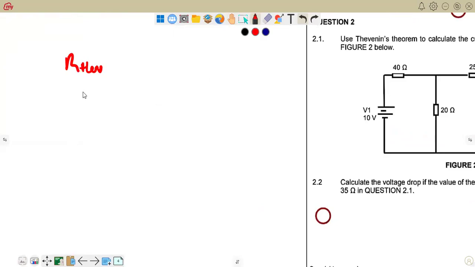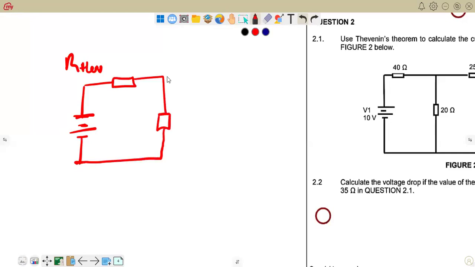So we're just removing the load resistor, and we end up having this. That's the first step that we are taking there. Then we have a resistor here, and another resistor here.